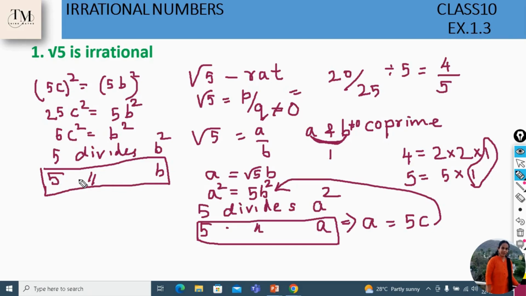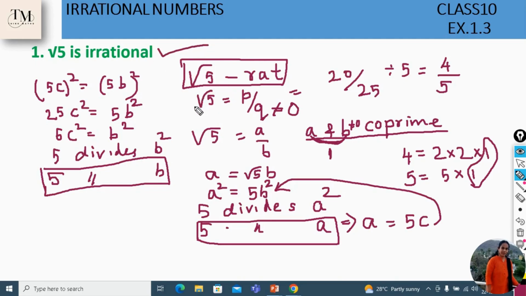So this shows that 5 is a common factor for a and b. But we already took a and b as co-prime, that is, their common factor is only 1. But we got the common factor as 5. So this is a contradiction, because we assumed that root 5 is a rational number. So our assumption is wrong. So root 5 is irrational.